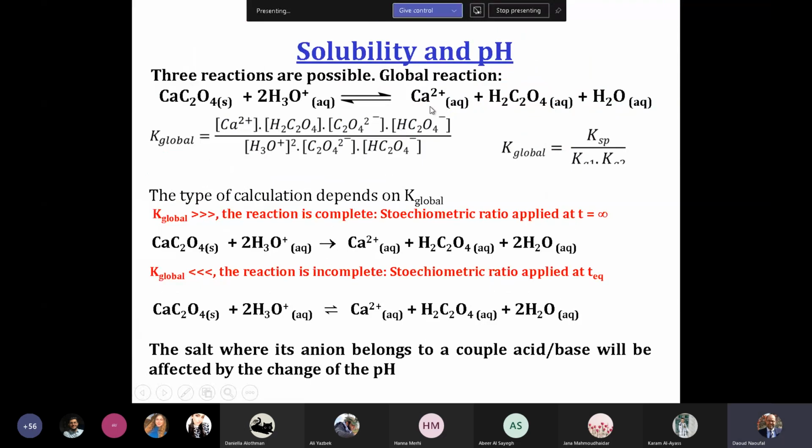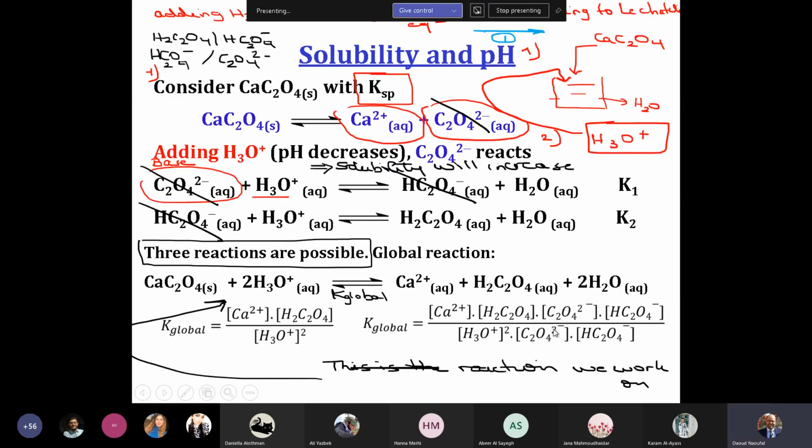K global is equal to Ca2+ at equilibrium times H2C2O4 at equilibrium, H2O is not counted, divided by H3O+ squared. This is the expression of K global.